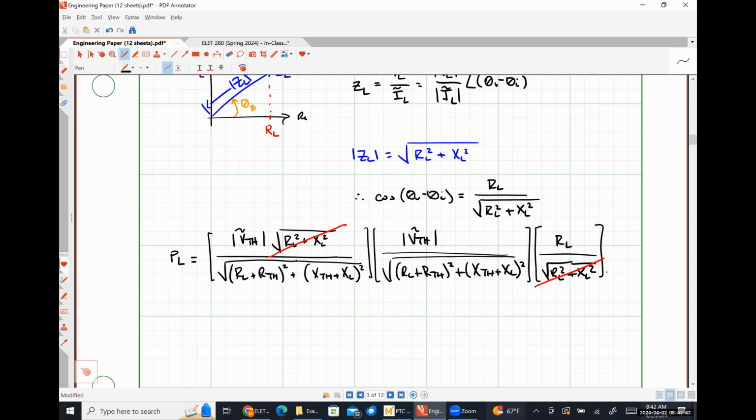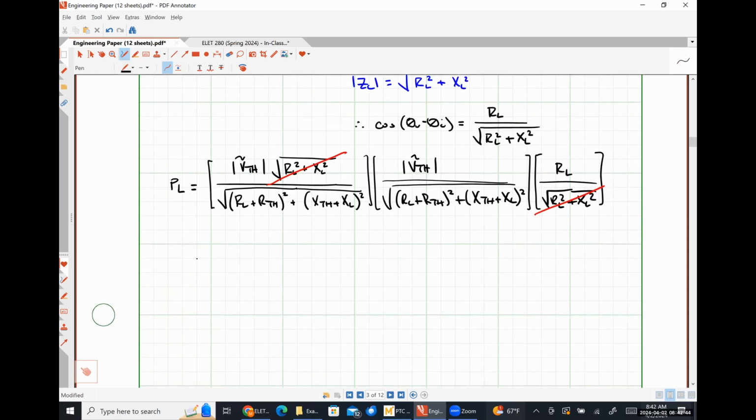And so what I'm left with is the magnitude of my Thevenin voltage squared times RL, divided by RTH plus RL squared plus XTH plus XL squared.